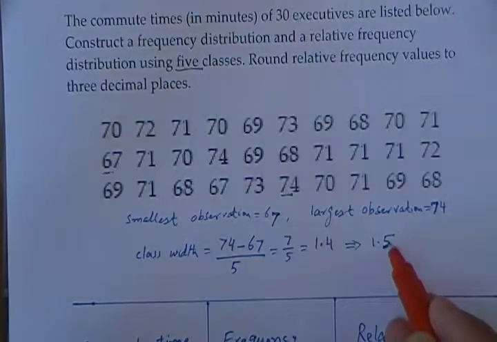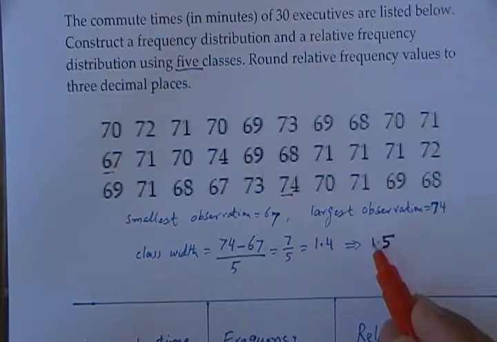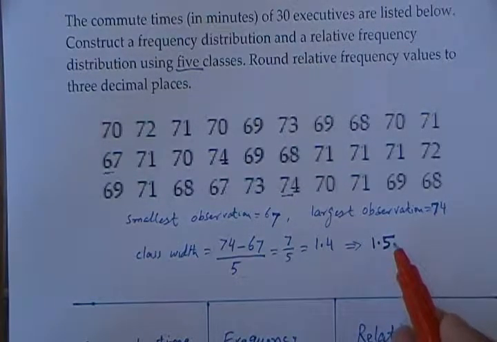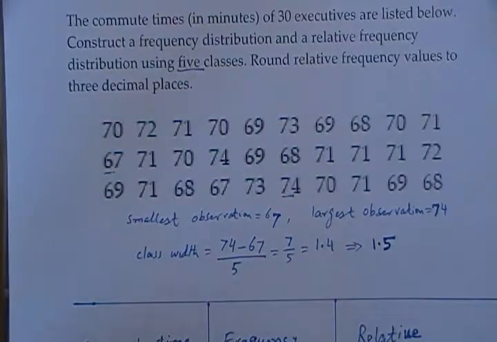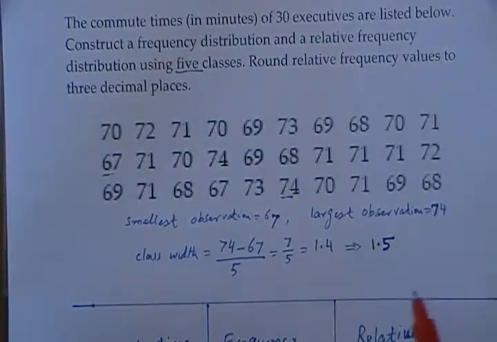You can adjust the class width upward if you want to. You can keep the same, but if you want, you can do it to get a nicer number. I think 1.5 looks nicer than 1.4.